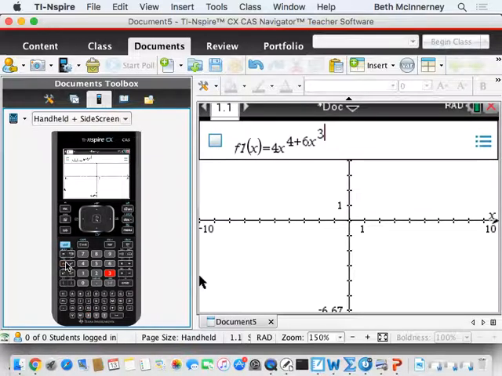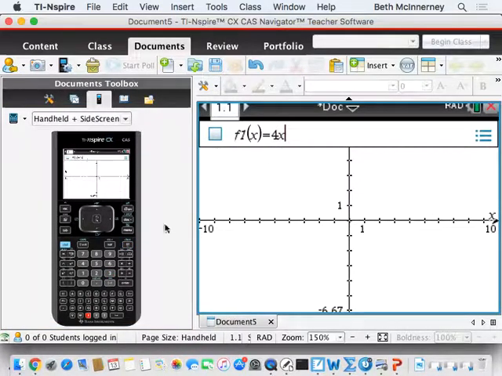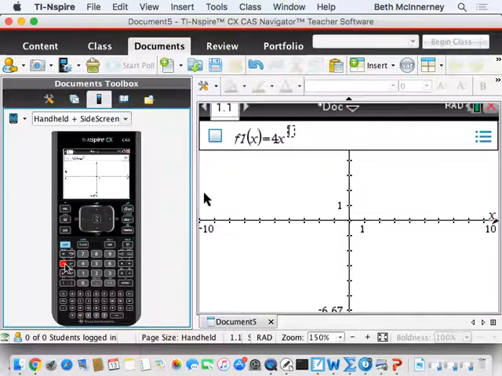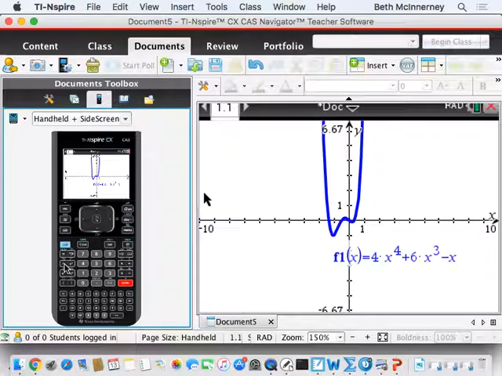Use the little caret button here. Oops, sorry, 4x to the 4th. I forgot to bring it back down. Plus 6x cubed. Bring it down. Minus x.